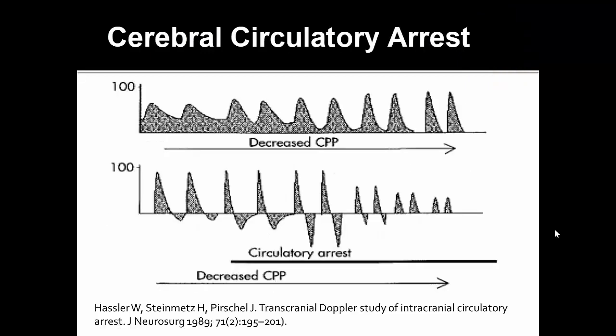So raised ICP as well as cerebral circulatory arrest has a stepwise pattern noted here in the Hassler diagram. You'll notice here that as ICP increases and therefore CPP or cerebral perfusion pressure decreases, you'll eventually lead to cerebral circulatory arrest. You'll note here at the beginning that the patient has a normal systolic upstroke and a normal deceleration of the diastolic phase.